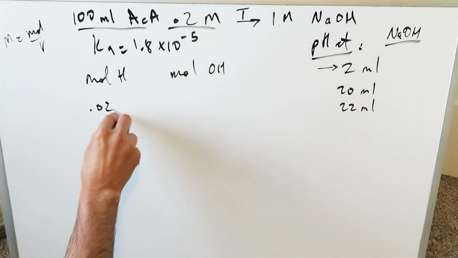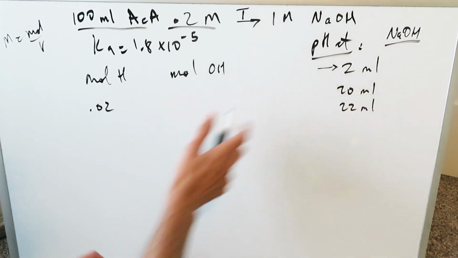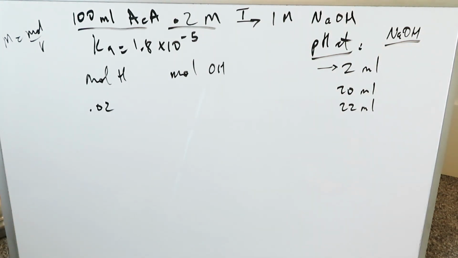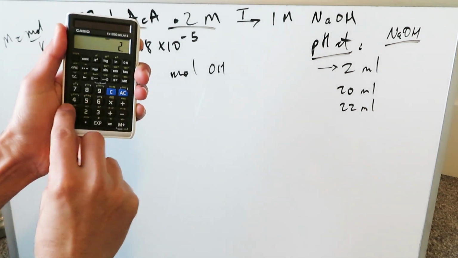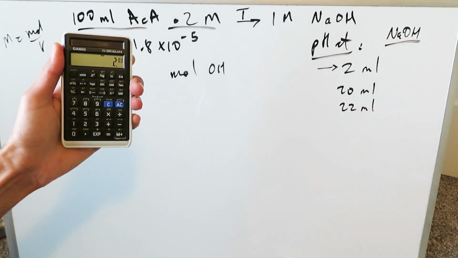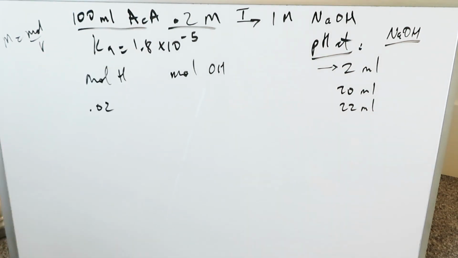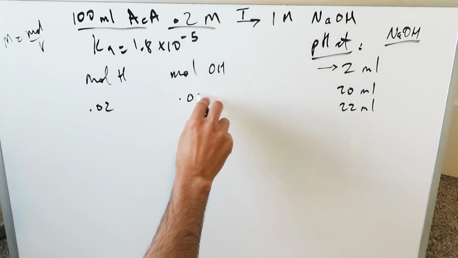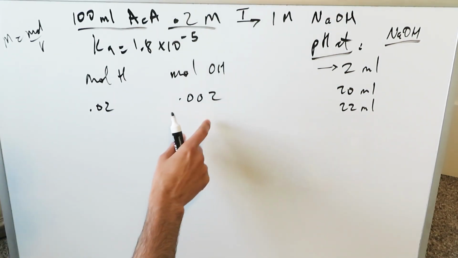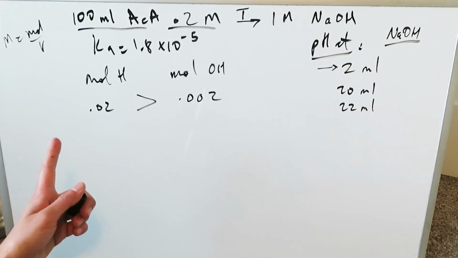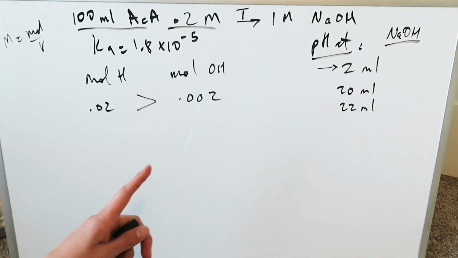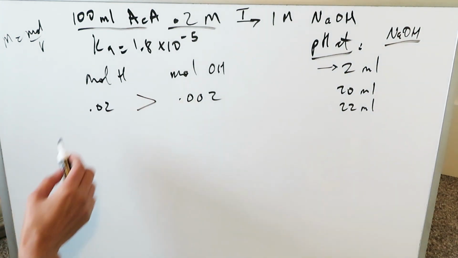That'll be 0.02. Look right here, I have 2 milliliters. You have to convert that into liters. You'll do 2 divided by 1000, and we have 1 molar of that, so it's 0.002. And you know now which one is smaller. This is larger, that's smaller. Here your acid is larger in terms of moles with regards to the base, so this will dominate the system.